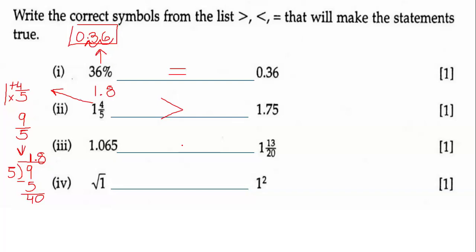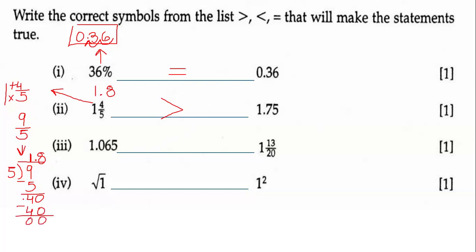We get 1.8 at the end. Who's that speaking? Christian Wilson. Because 5 times 8 is 40. You see what I'm saying? 40 minus 40 is 0.